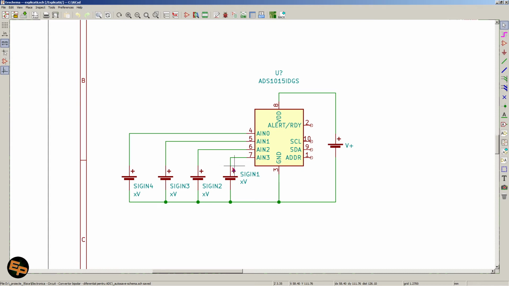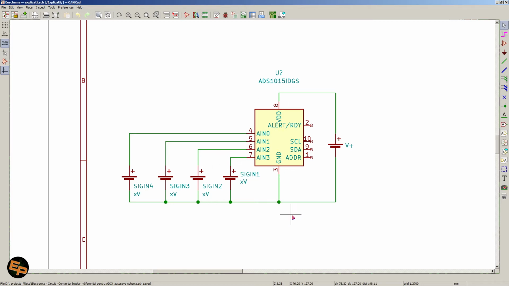Of course, the ADC accepts a certain voltage as its maximum on its input, so we will have to take care of that. If our voltages are higher than those maximums, then we need to use, I don't know, voltage dividers or stuff like that. But essentially, it's as simple as just applying that voltage to that input.